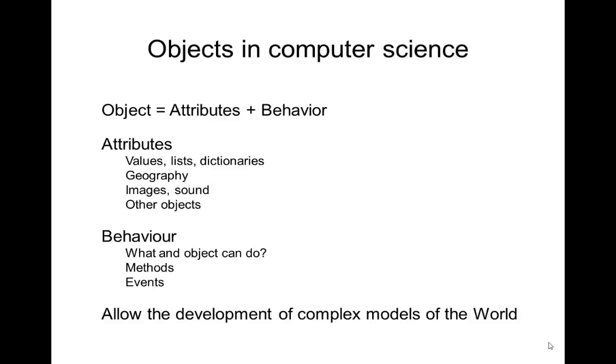An event might be a car object touching a person object, which then kicks off some kind of method on the person object and the car object. The person object goes to the hospital object and has an operation object given to them. So events are things that happen that then kick off methods and behavior in an object. And by defining these, this allows us to develop complex models of the world.